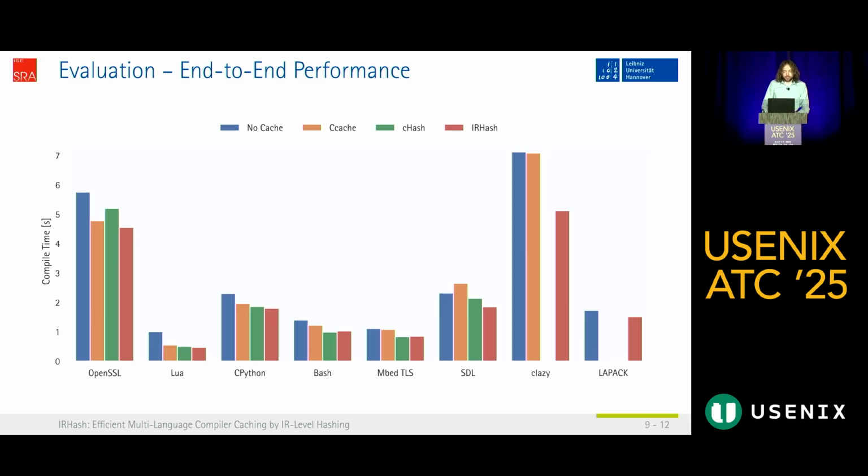Of course, you also might be wondering why there are bars missing for Clazy and LAPACK. The reason is that Clazy is written in C++ and Ccache doesn't support C++, and LAPACK, written in Fortran, isn't supported by any of the compilation caches except for IRHash.